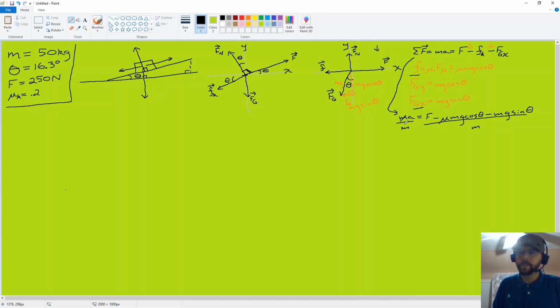On the left-hand side, the m's cancel. On the right-hand side, m does not cancel in the first term, so that's still divided by m, but the other two terms each have something that cancels. So our final formula is acceleration equals the pushing force divided by the mass, minus mu times g cosine of theta, minus g sine of theta. I could pull out the negative g from both of these, but there's really no point to it.